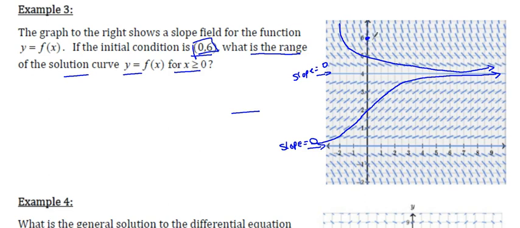Sketch the solution curve going through 0, 6 like this. So what is the range? The range is horizontal asymptote at 4. So 4 is not included, and 6. This is the range.